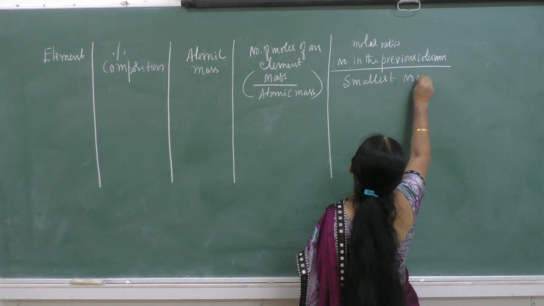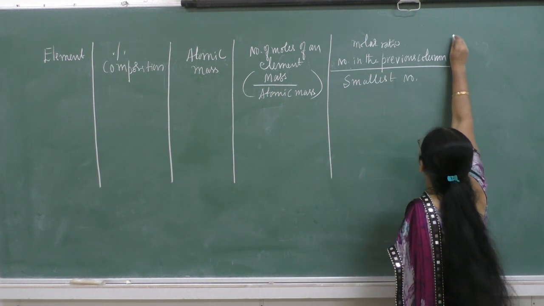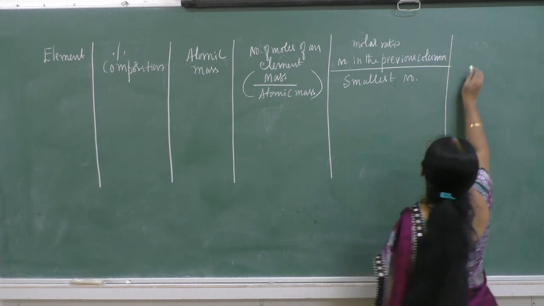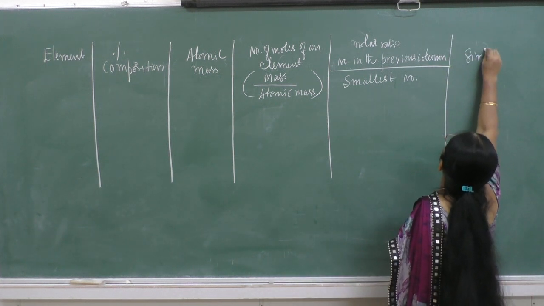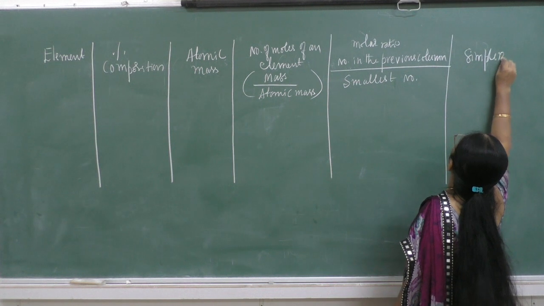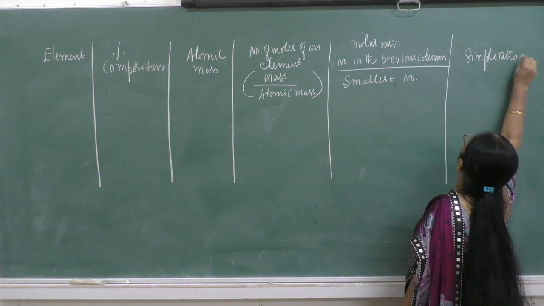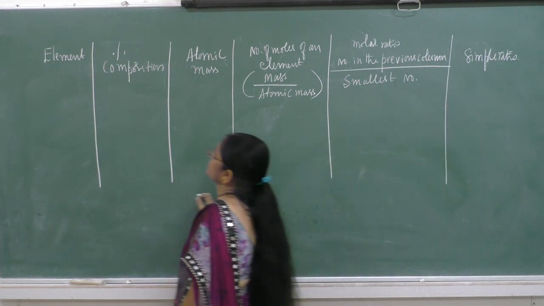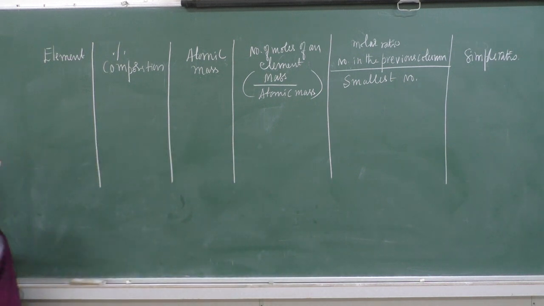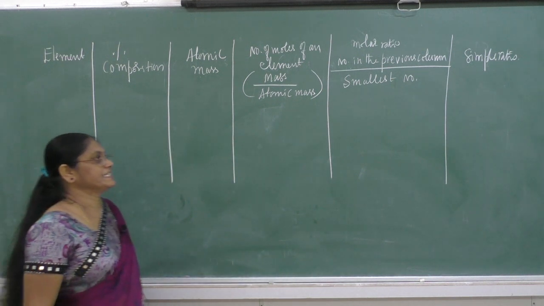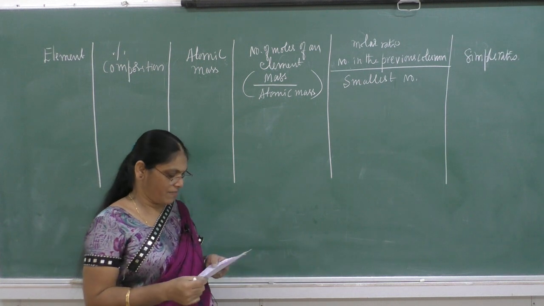The last one is the simple ratio. So what are the different elements present in the given compound?